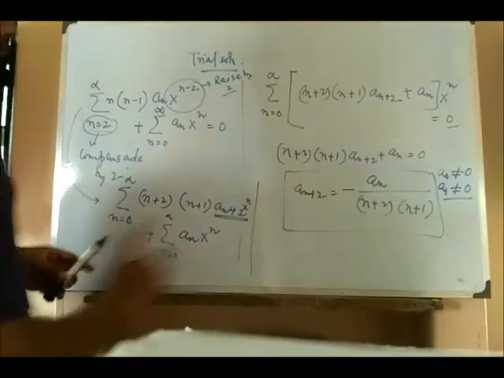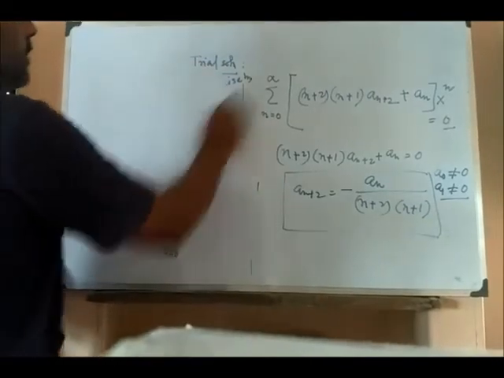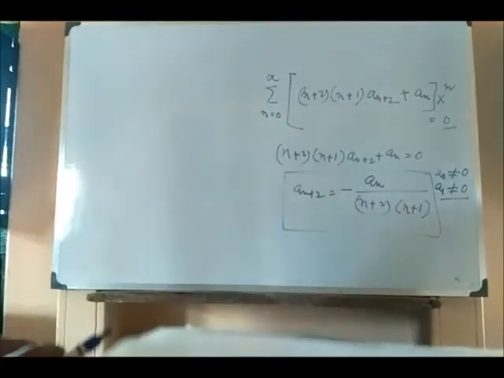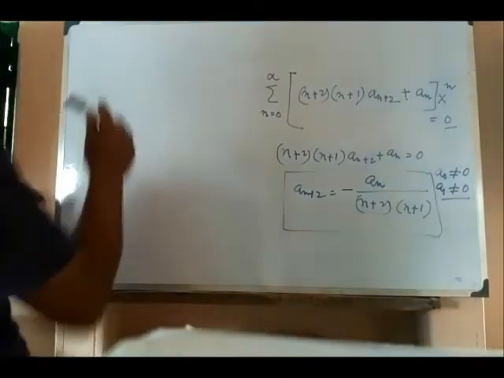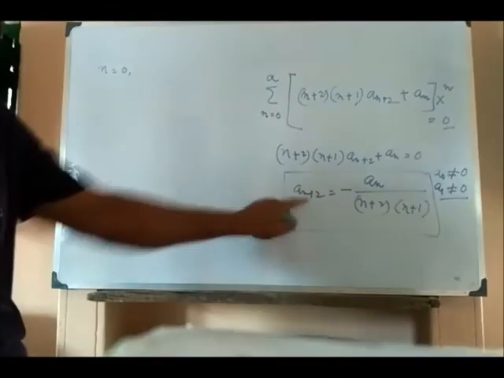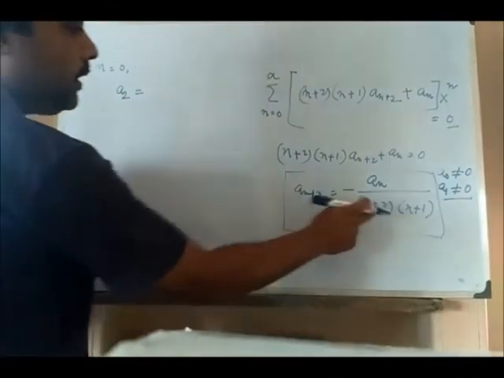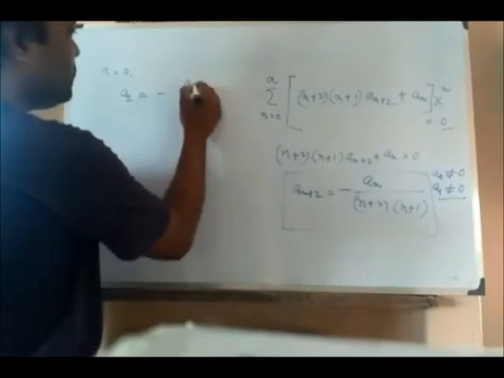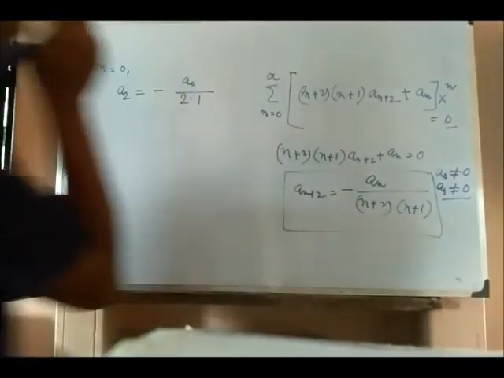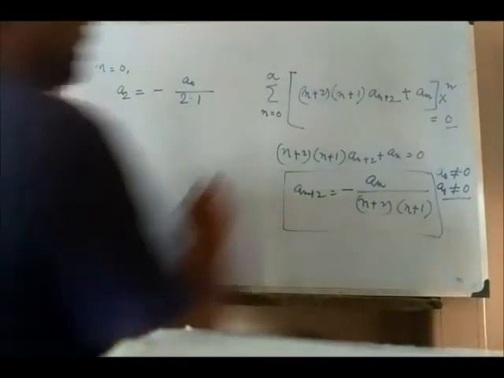Now let us try to solve this differential equation. What will we get when putting n equal to 0 in this equation? a_2 is equal to minus a_0 divided by 2 into 1.